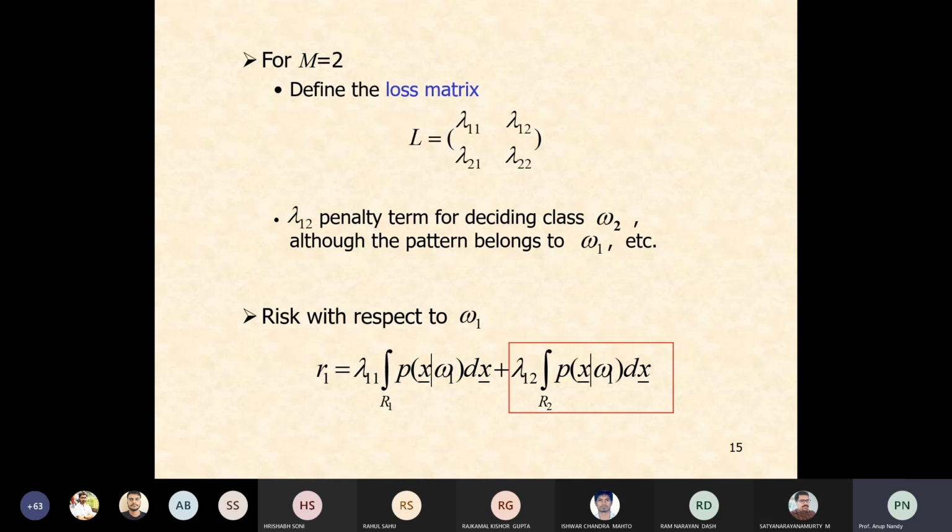Because these two penalties are coming, you need to have the two risks, R1 and R2. Now, the risk with respect to W1 that you need to consider, R1, is equal to lambda 1 1 into P(x|W1) dx.